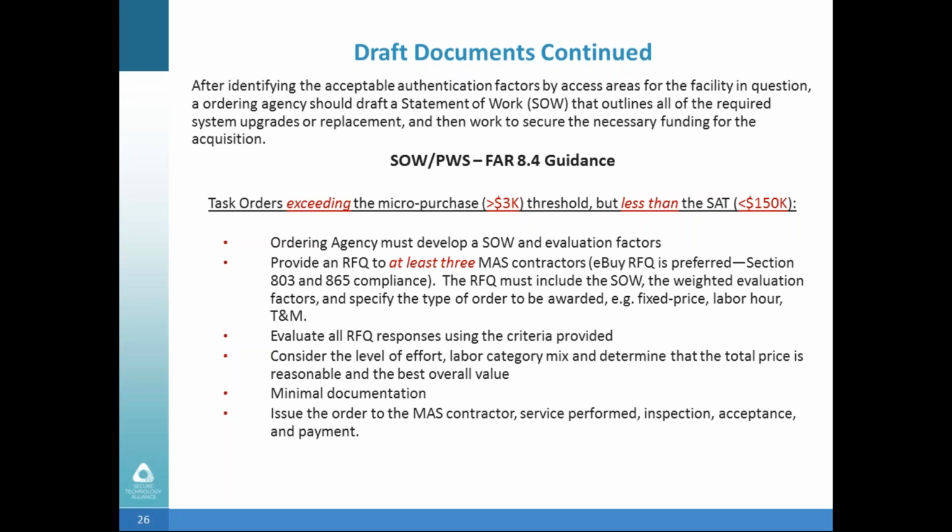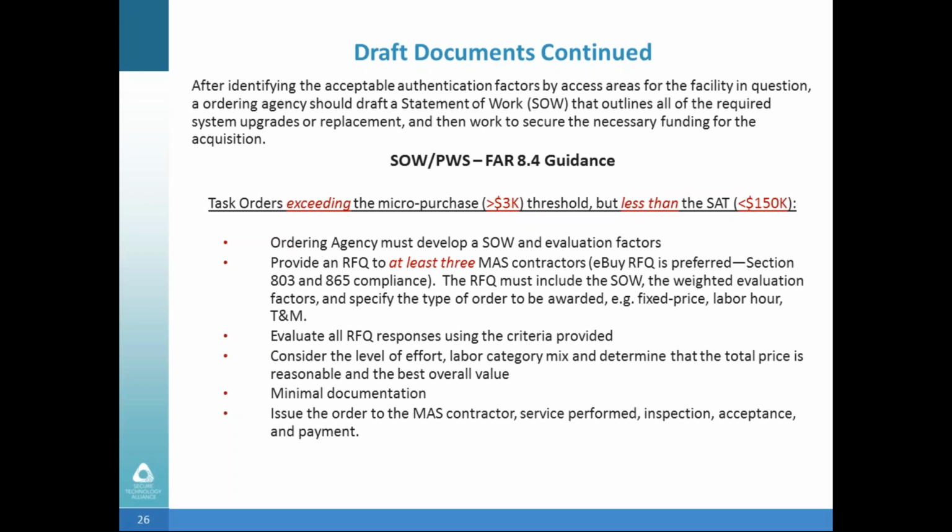One of the good things about the schedules program from an ease of procurement perspective is that if you have orders that you're going to fulfill that are less than the SAT, and you have the ability to go out to GSA Advantage or search online for those contractors that provide those services, and if you can find 3 schedule providers, you can get responses back from them, and you've met your competition requirement, and you can award based solely on what you can find out on GSA Advantage or through the issuing of an RFQ to those 3.